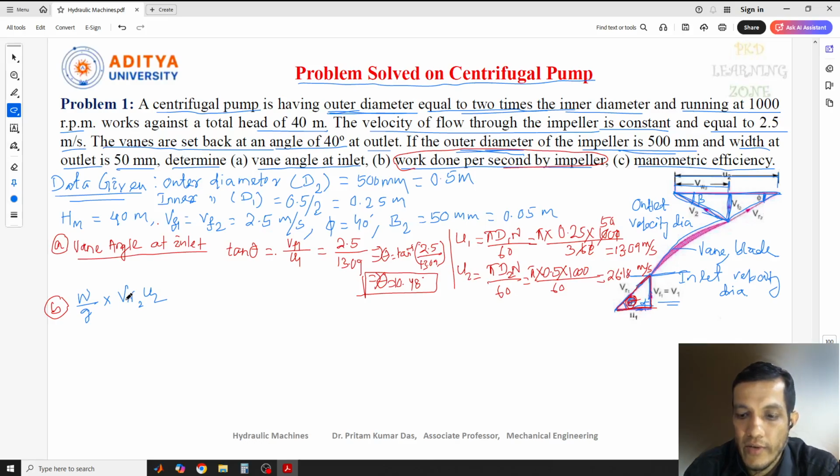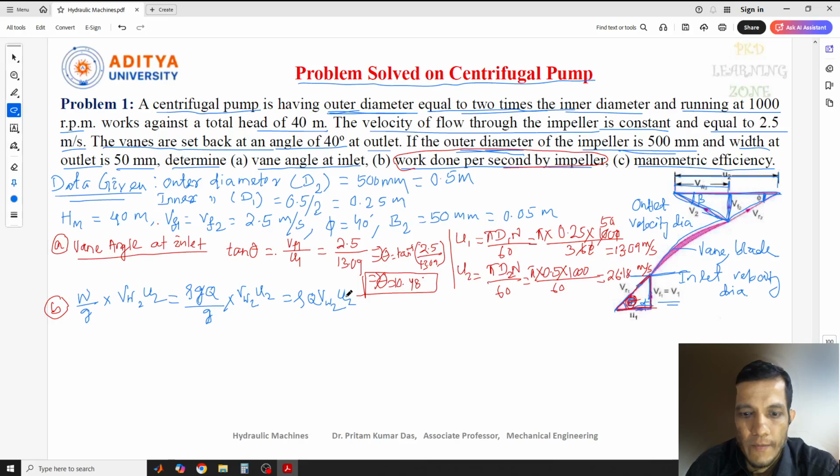Now W we can write here, the value of W is rho g Q, and g is already there in the denominator, and here it is Vw2 U2. Now g will be cancelled, so what will be there is rho Q, Vw2 and U2.